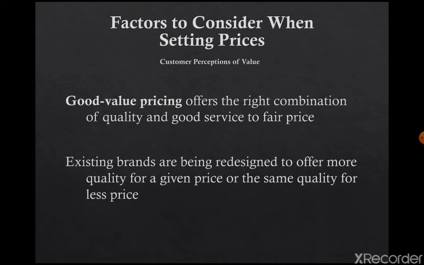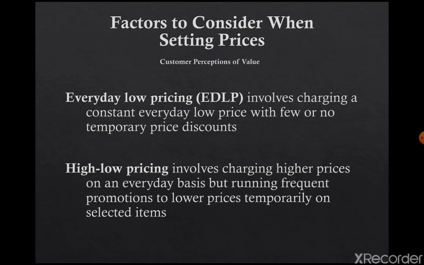Existing brands are being redesigned to offer more quality for a given price, or the same quality for less price. In everyday low pricing, there is a constant everyday low price. One example would be your day-to-day grocery, like tea, maybe. That would be your everyday low price.